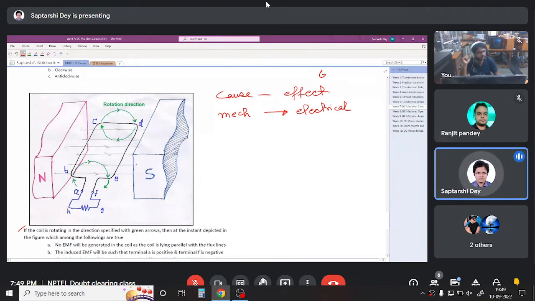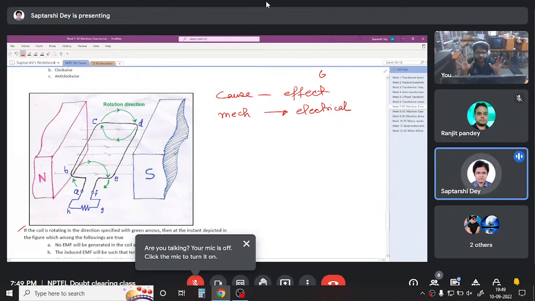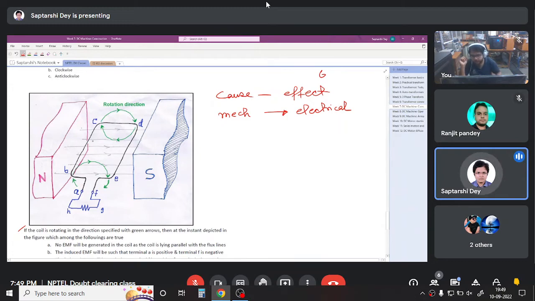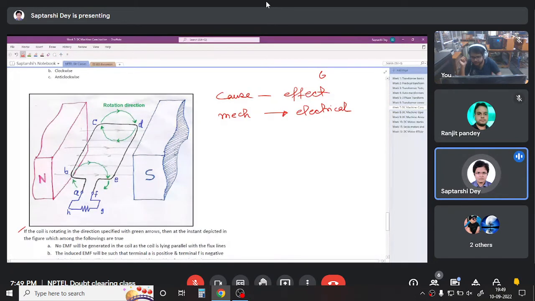So let us now try to understand what will happen here. See, now there is no current flowing in them, right? I have a field, I have a coil, I have started it rotating. Now what will happen? There was a positively charged particle sitting here.